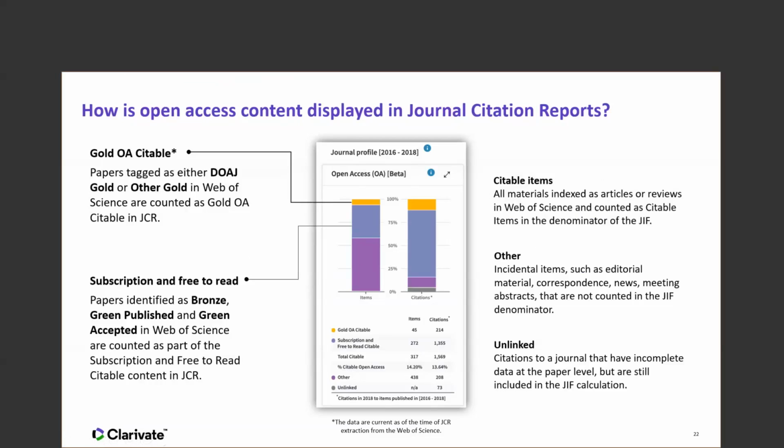So you can familiarize yourself with that new section of the JCR aimed at helping publishers and editorial teams make decisions, because there is more and more pressure on journals to become open access. But it's an important decision and they need data to make this decision. And we are helping with this new section.